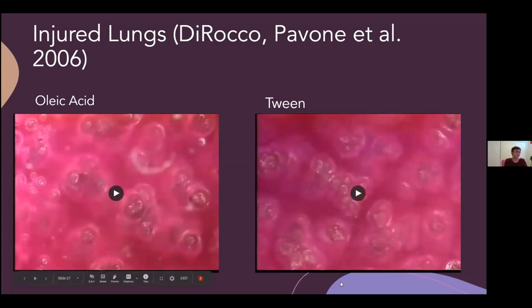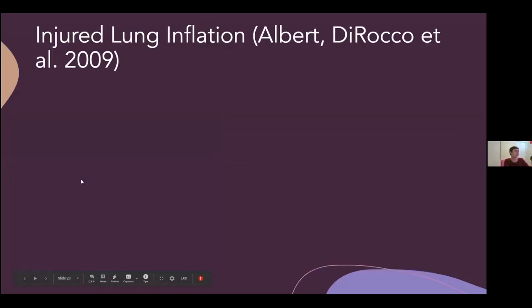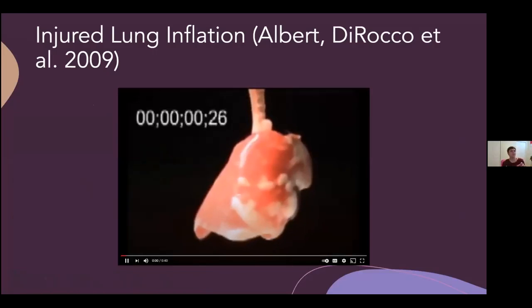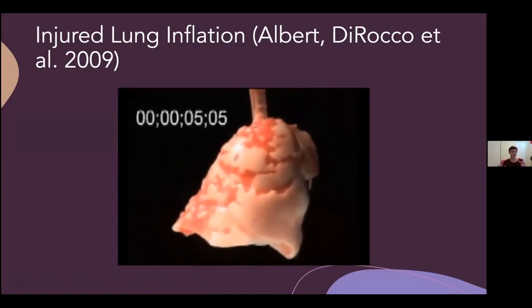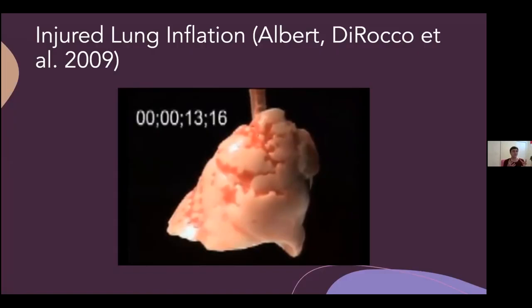And to drive home this message a little bit more, we have this image here of an injured lung that's going to be inflated. What's happening here is these white areas are already inflated. They're pushing in air, a little bit more of the lung can get inflated, but there are still all these stubborn sections where the alveoli are collapsed, and they're driving in more and more pressure to be able to pop open these areas.